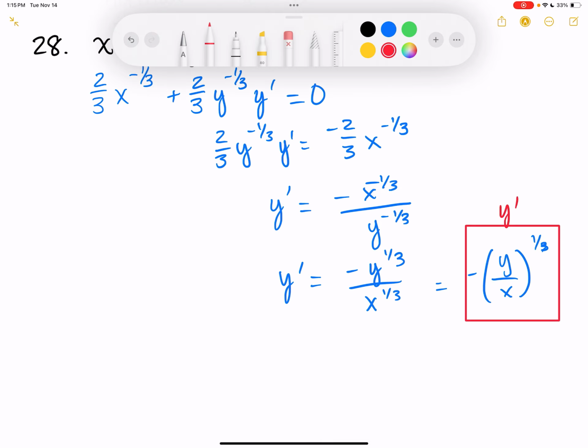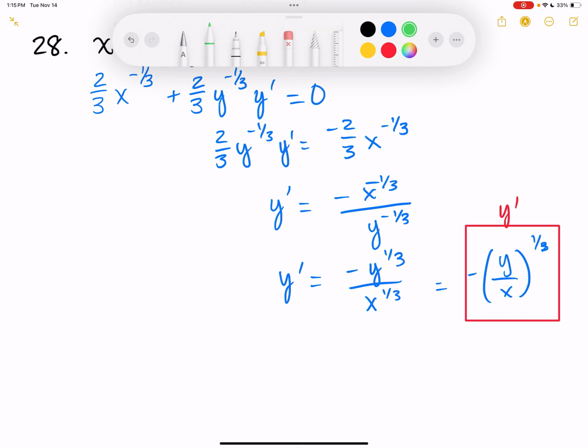Because when we take the second derivative, you are going to end up with y primes. We're not solving for y prime in the second derivative. We're solving for y double prime. So anytime I have a y prime, I will replace it with this.